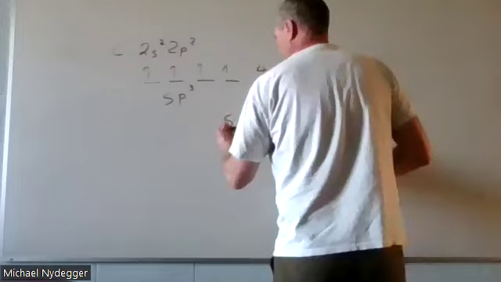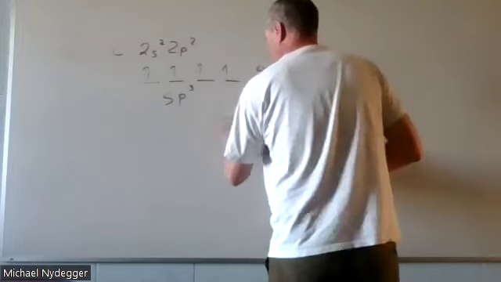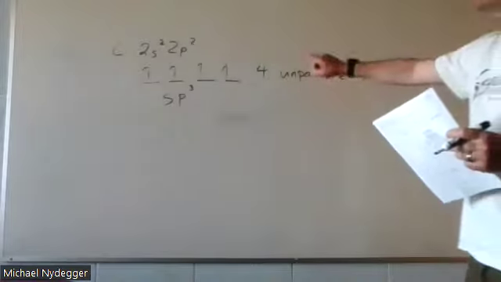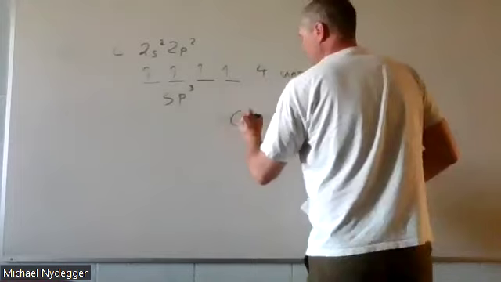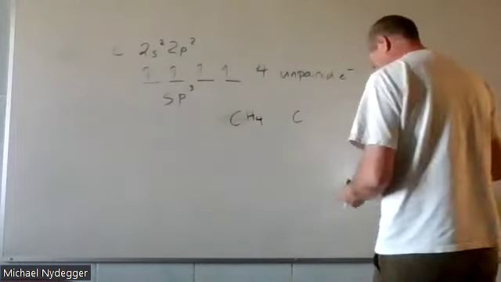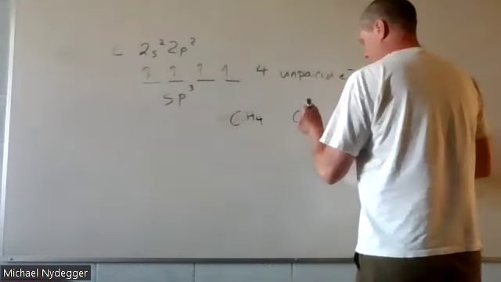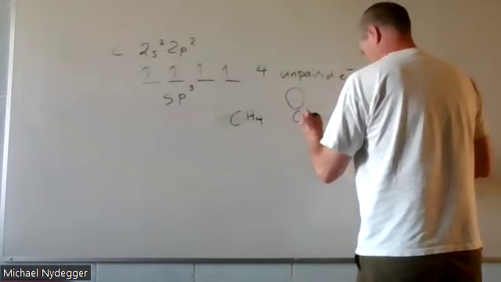So what one of the sp3 looks like, well, what this means is that the center atom will have 4 things bonded to it. So an example of this would be methane. All right, so this would be carbon. I'm going to attempt to draw this, but you know my drawing abilities really stink.